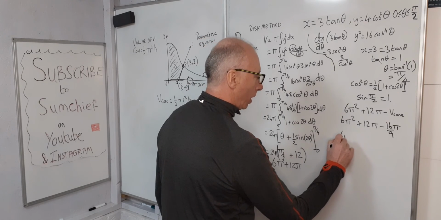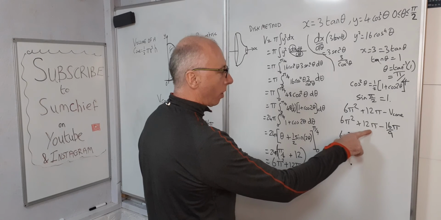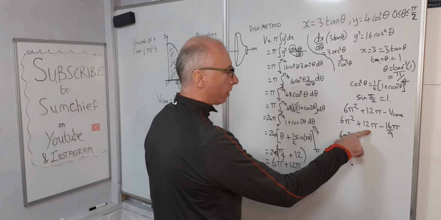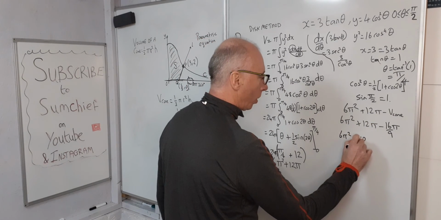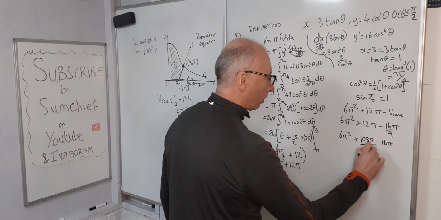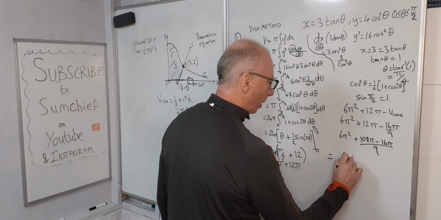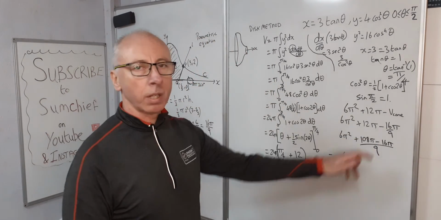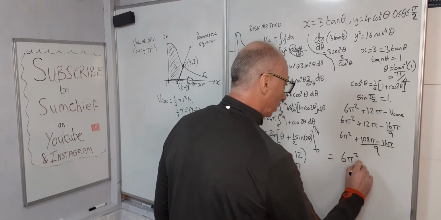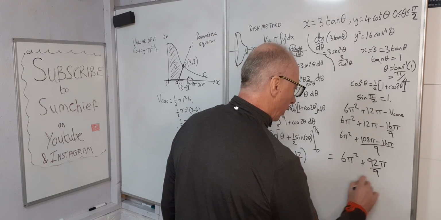So 6 pi squared we have to leave, plus, now if you make this over 9, multiply the top by 9 and the bottom by 9, so we get 108 pi minus 16 pi all over 9, which equals 6 pi squared. 108 minus 16, 92 pi over 9.